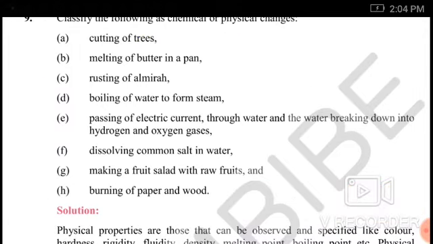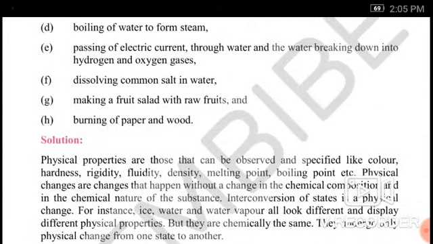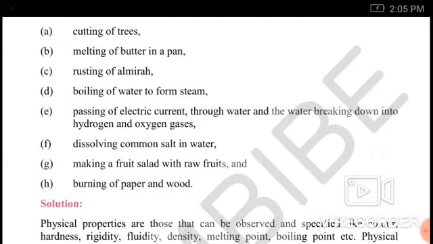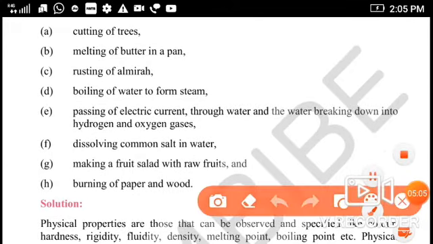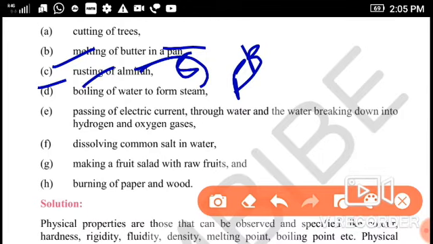Melting of butter is also a physical change because it is reversible. Rusting of iron is a chemical change because when iron gets rusted, a new brown substance is formed. Boiling of water to form steam is a physical change as it is reversible. We can get water from steam also.